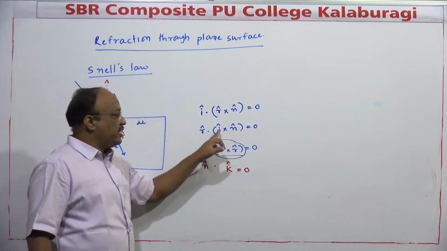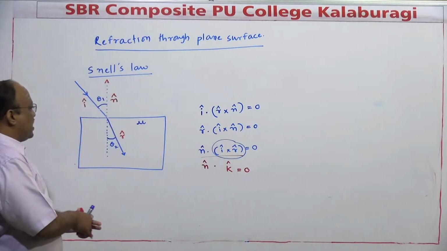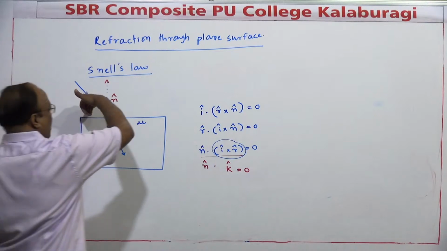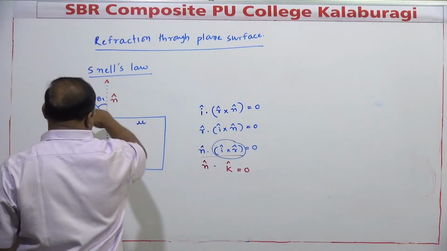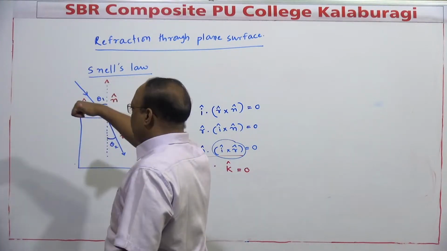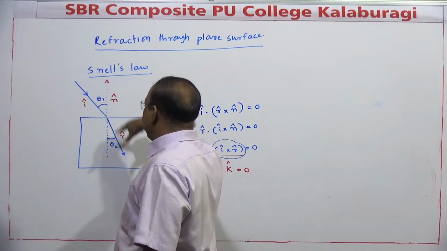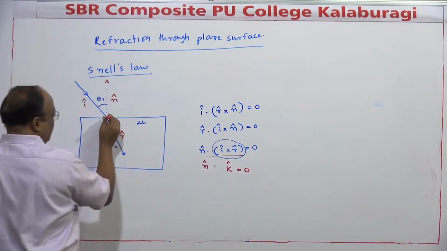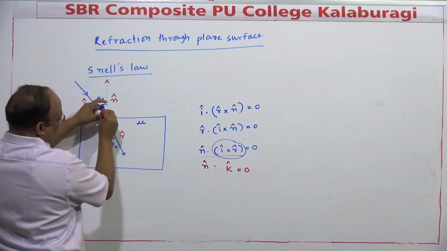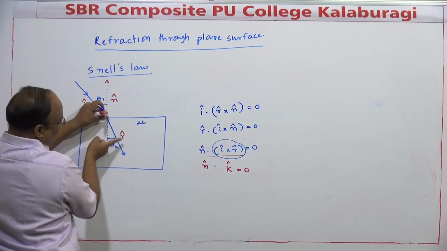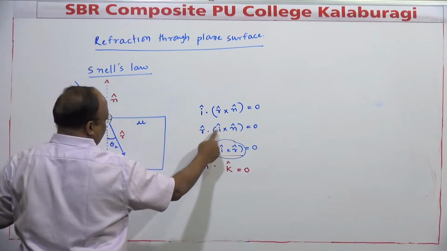So I cross n, from I to n, it is coming out like this. R and I, once again, it is like this. R and n are 90 degrees to one another.